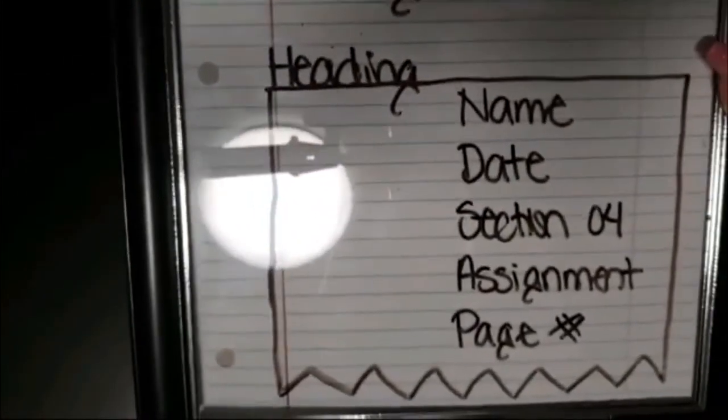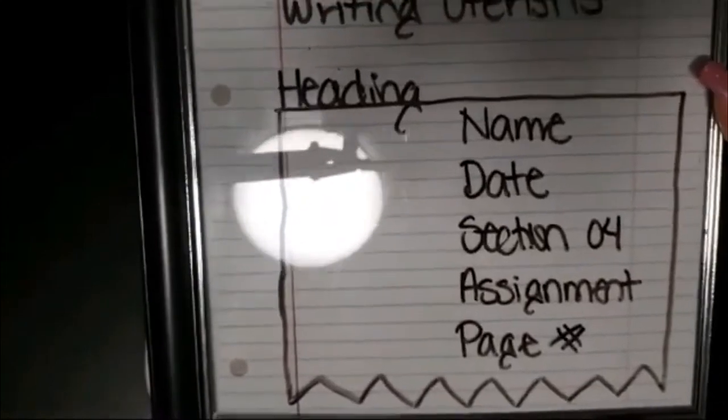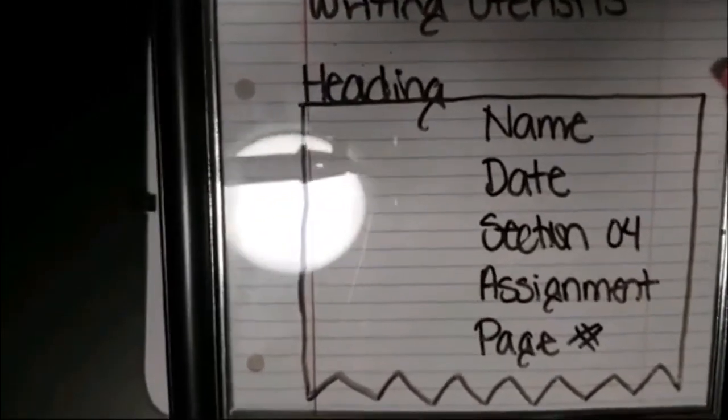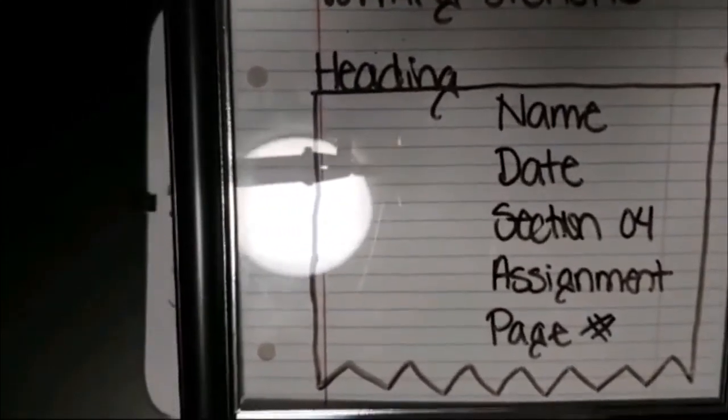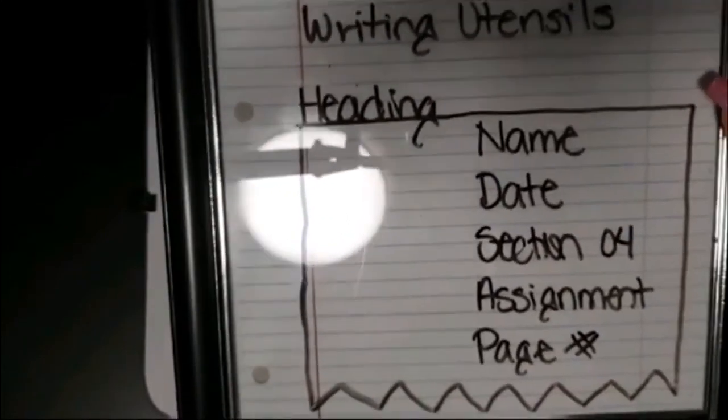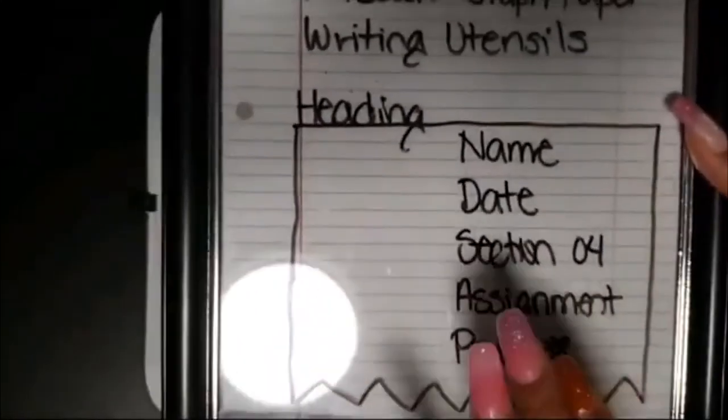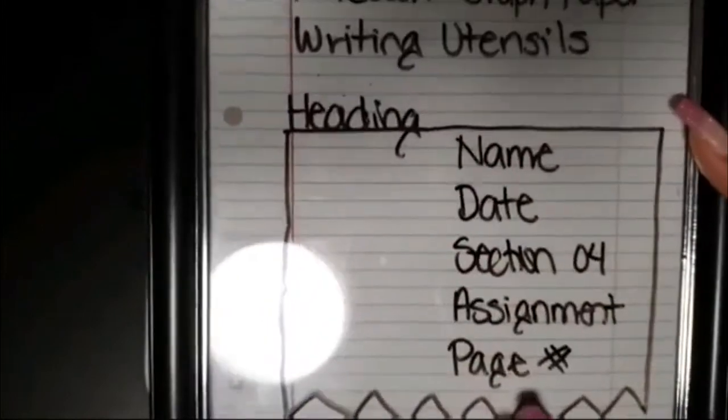So what you will do, you will log into WebAssign, complete the homework on paper, put your answers into WebAssign, and take pictures of your work with this heading here. On each page, you should have a heading.